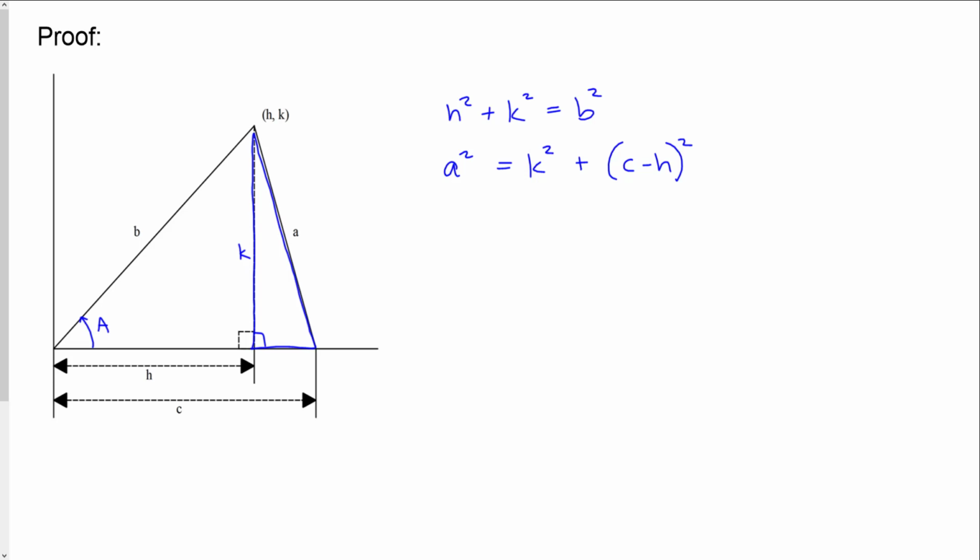I know that this side is a and this side is k, but the bottom, what is that? Well, if this total distance from here to here is c, and this distance from here to here is h, then this remaining distance right here is c minus h. So that's why I have a squared is equal to k squared plus the quantity c minus h squared.